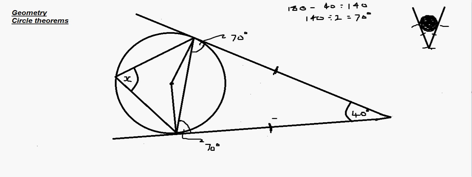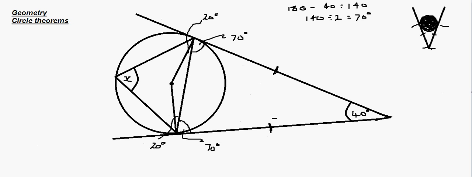So this little angle in here must be 90 less the 70. I hope you can see that. So 20 plus 70 gives me my right angle. So equally this must be 20 degrees.